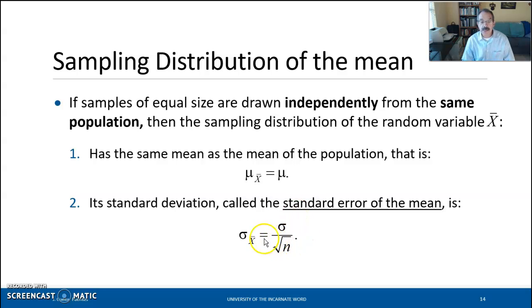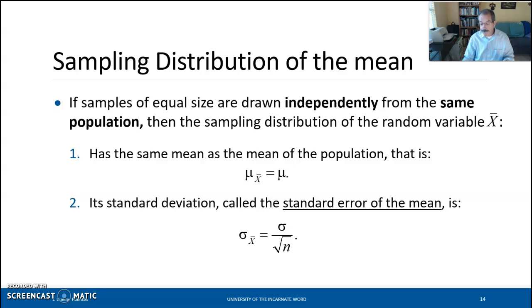And the standard deviation of the sampling distribution is just the population standard deviation divided by the square root of the sample size. So we don't need to construct this sampling distribution.